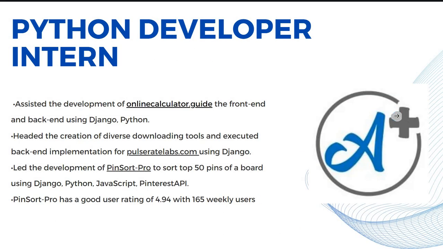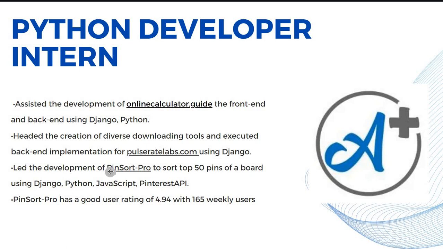So this was my latest internship, which I did for 6 months, as a Python developer intern at the company A Plus Topper. Here I worked on multiple projects, the first one being the Online Calculator Guide, the second PerslateLabs.com, and the third the Printout Pro Chrome extension.